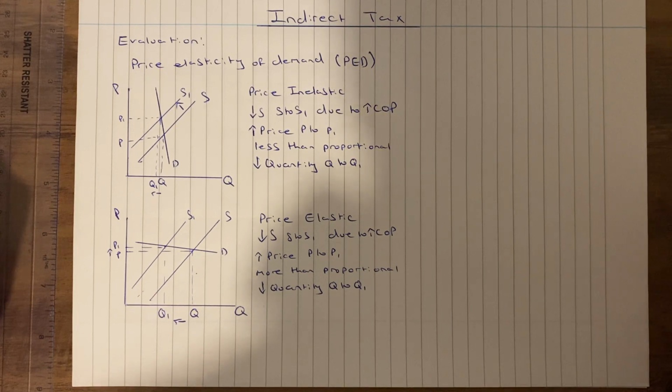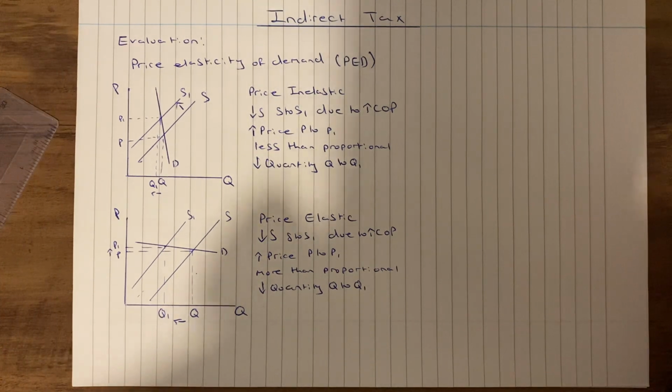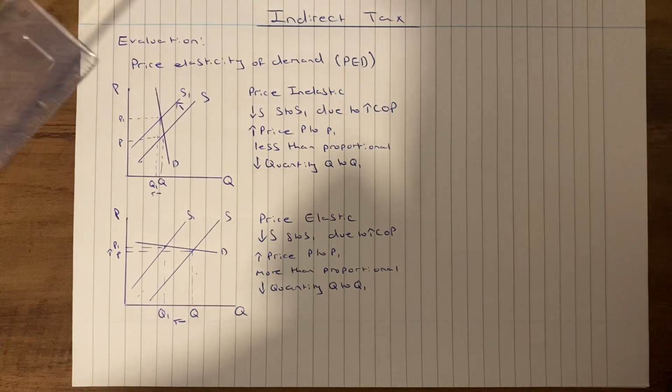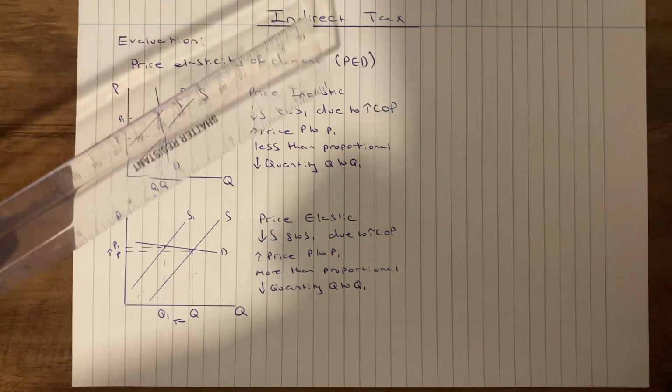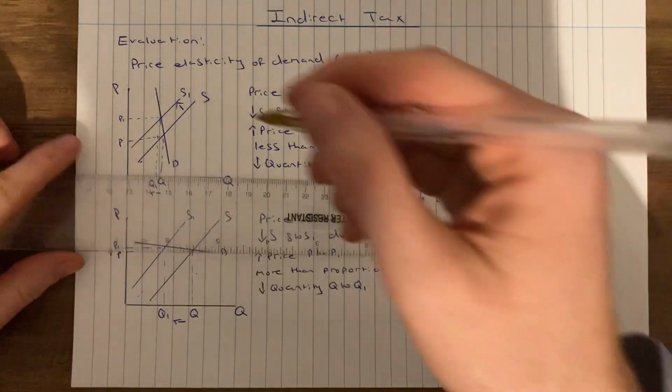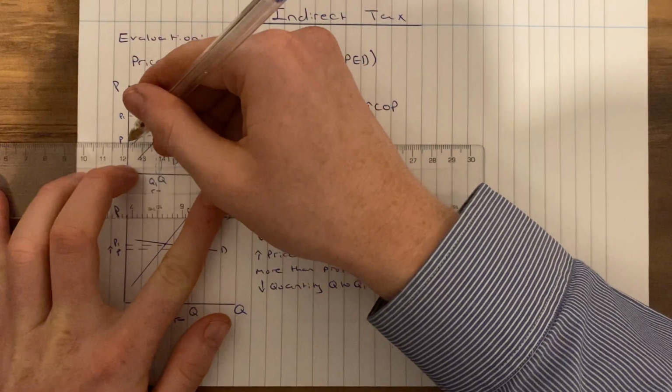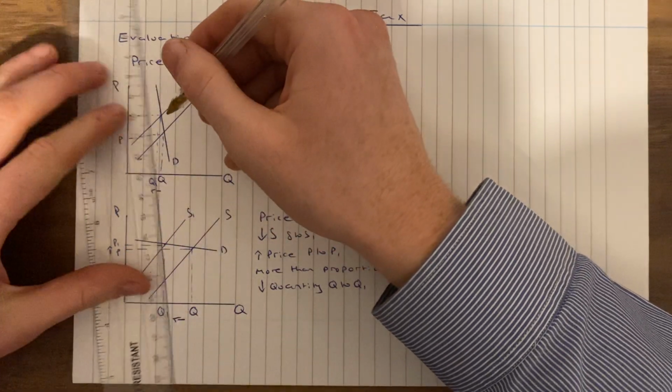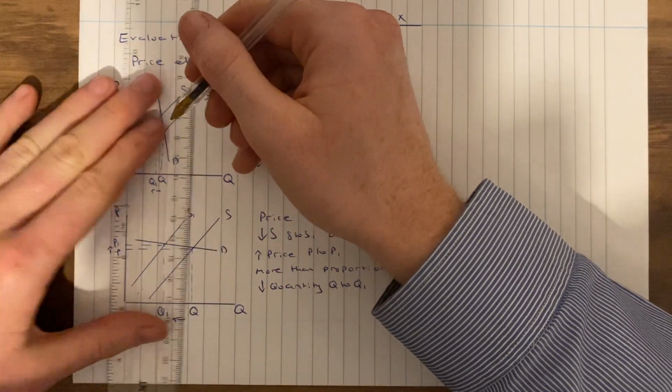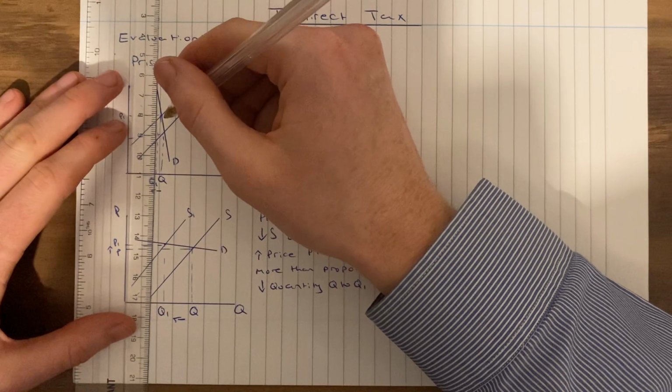Whilst we're on this diagram, we may wish to consider the burden of the tax, and we can make some equity arguments with regards to this. Okay, so if we start first of all off, if the price elasticity of demand is inelastic, so it's price inelastic, we see the vertical distance between the two supply curves obviously represents the size of the tax.